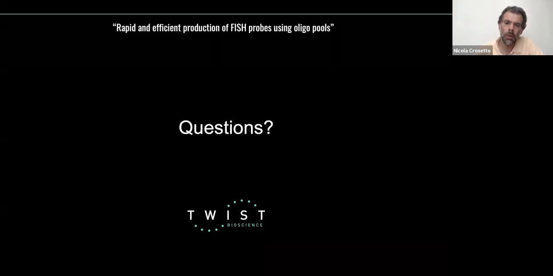If we incorporated the fluorophores directly in the primary probes, this would obviously increase the costs we face upfront. So I'm not sure if Eleni, you want to add something to that.